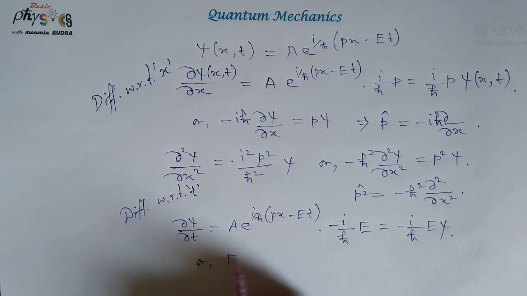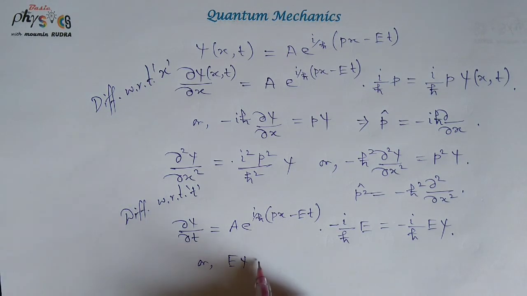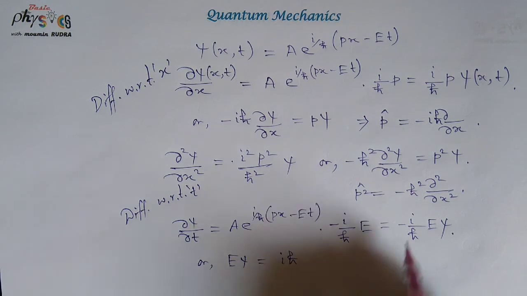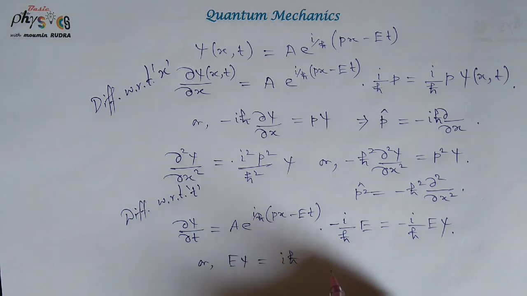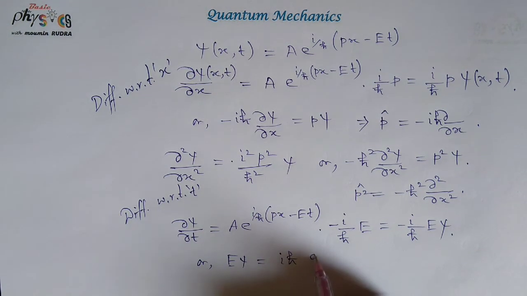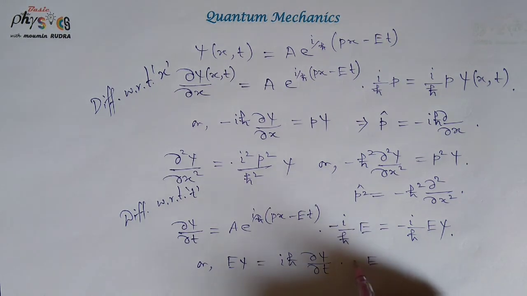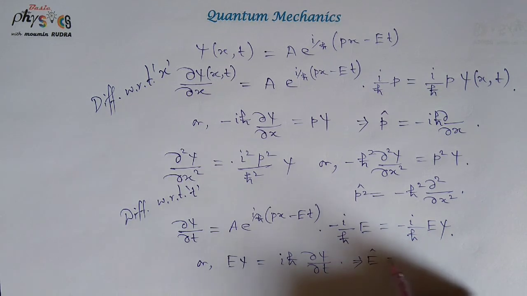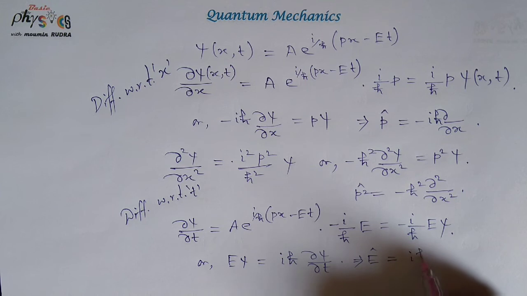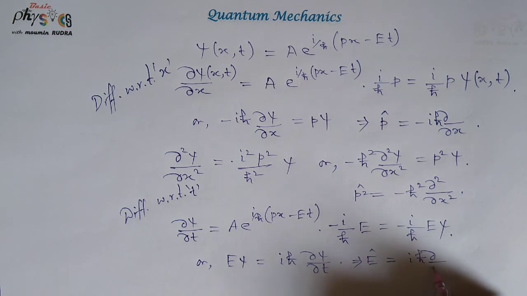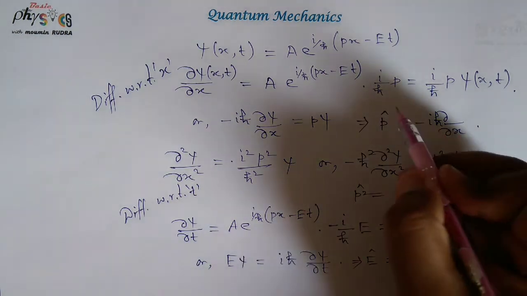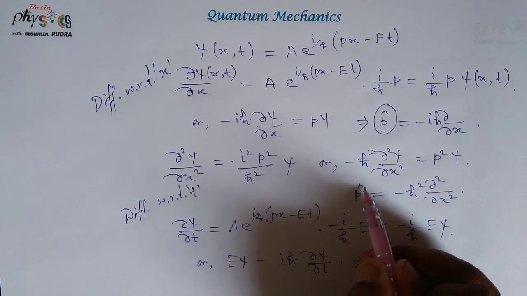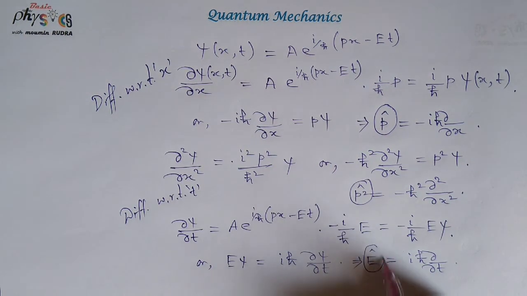Or E psi equals i h bar del psi del t, as the minus becomes positive. So from here we get the operator E equal to i h bar del by del t. So we get three operators: p, p square and E.